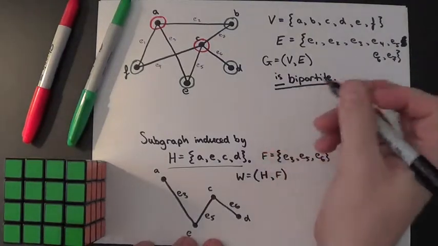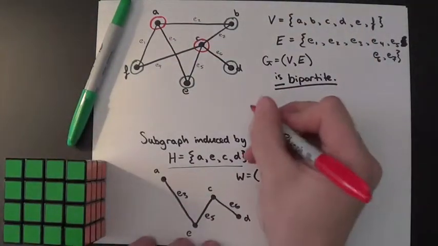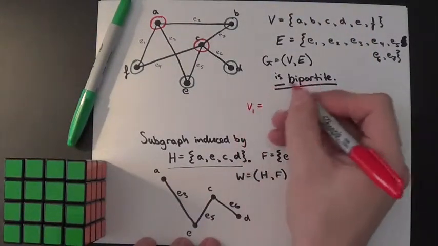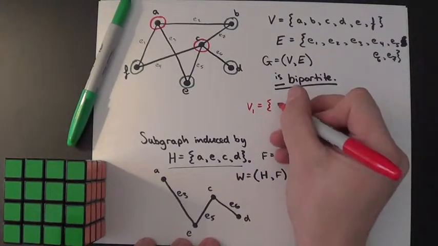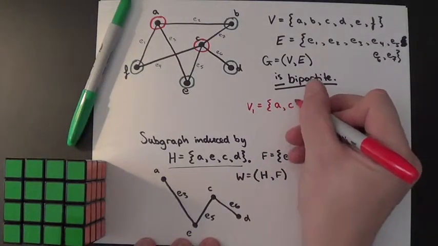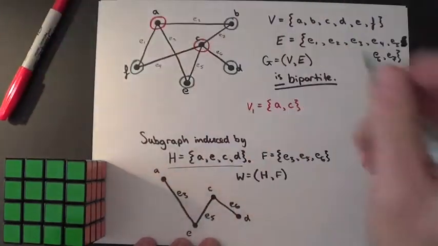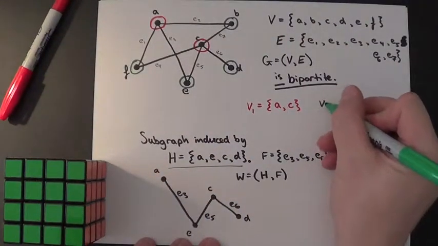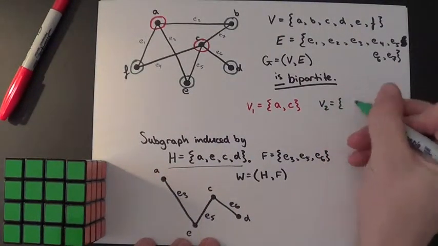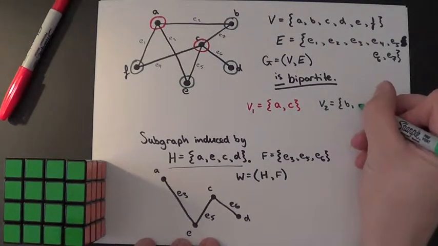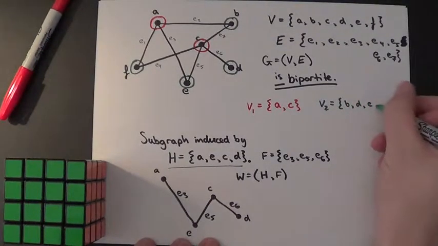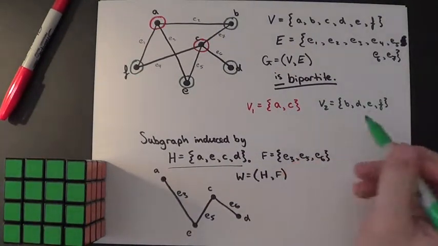Here, I've got my red set and my green set, so I can call V1 the set containing A and C, and V2 the set containing B, D, E, and F. So there's my partition.